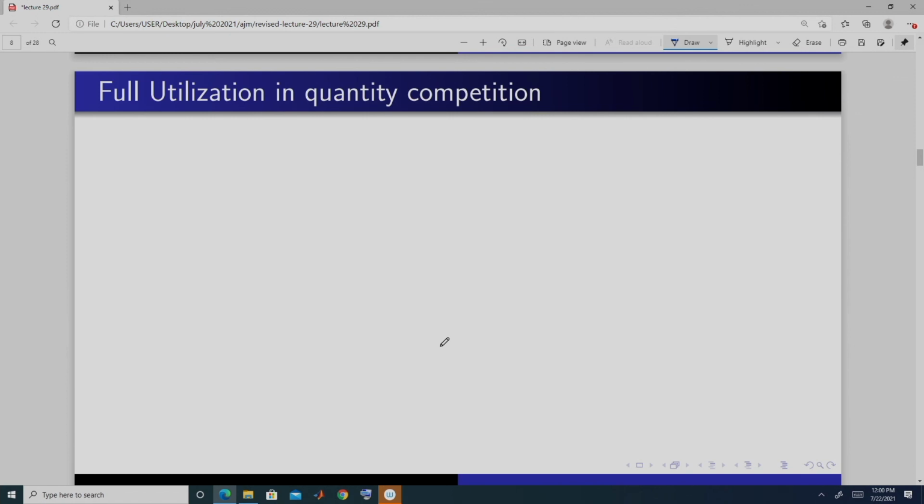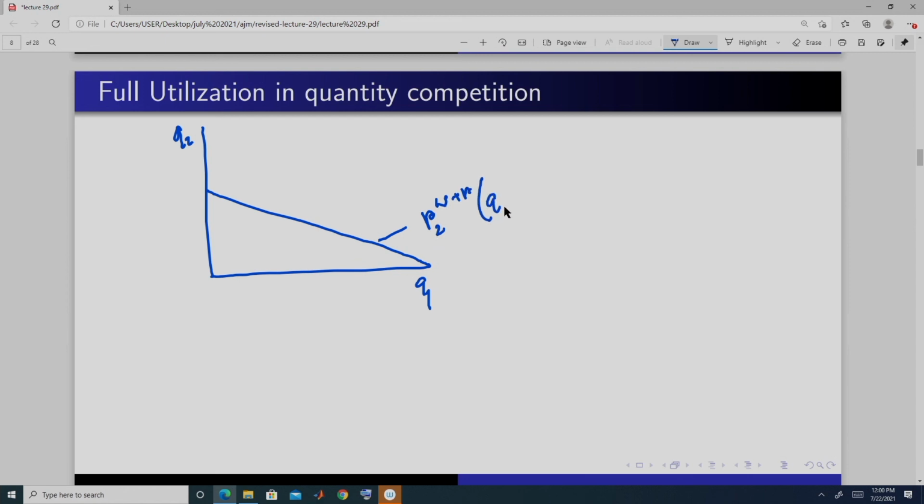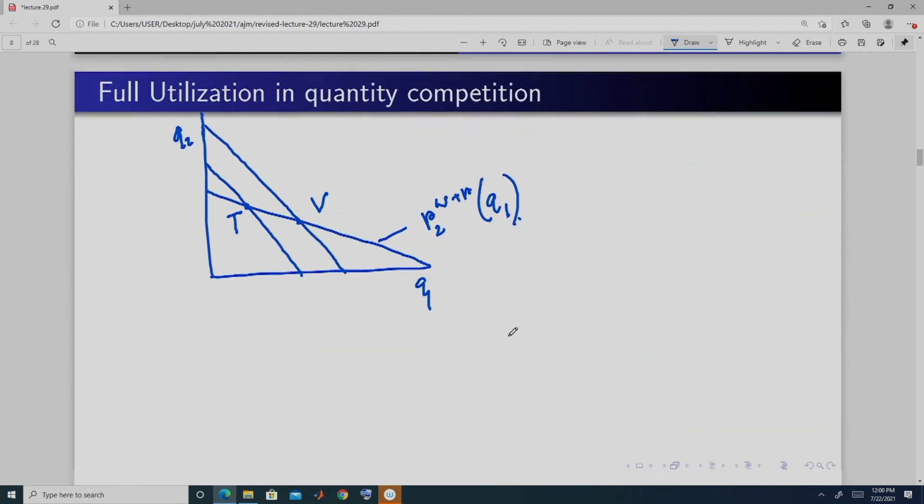Next, let us look at when there is full utilization of capacity. Suppose this is the reaction function of firm 2. This is T and this is V, okay, as we have already defined.